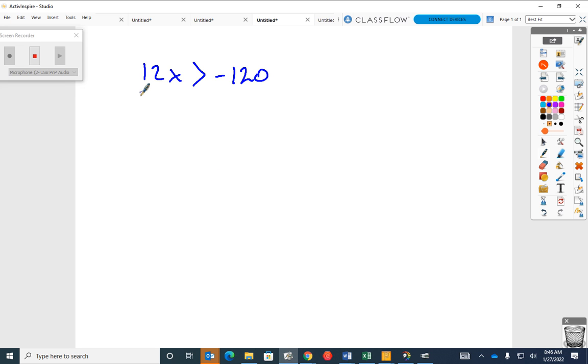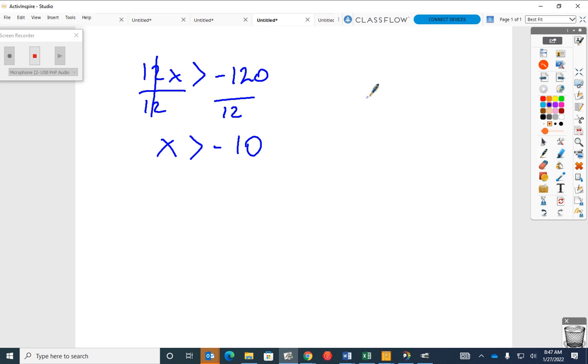So I'm going to divide everything by 12. Now this time, I'm not dividing by a negative. I'm dividing into a negative. And what do my rules say? Dividing by a negative means I have to flip it. So do I have to flip this inequality sign? No. This stays exactly the same. I'm dividing into, I'm not dividing by. So what would this be? Negative 10. We didn't flip it.